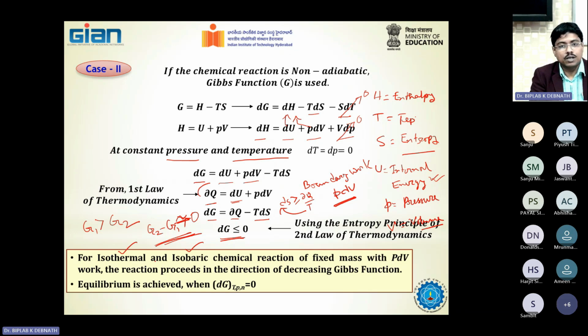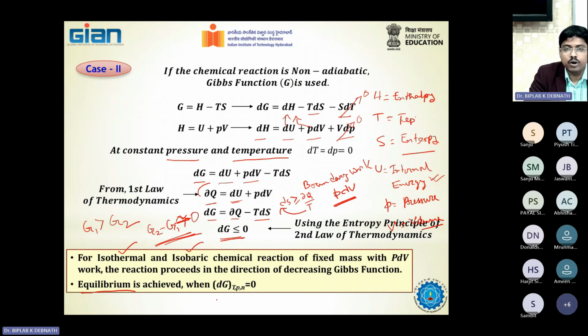Initially we considered case 1, where the reaction is adiabatic, and in this particular case we have discussed that if the chemical reaction is isothermal and isobaric, then how you will understand the chemical reaction is proceeding towards equilibrium. So equilibrium is achieved when dG is zero for constant temperature, pressure, and fixed mass.